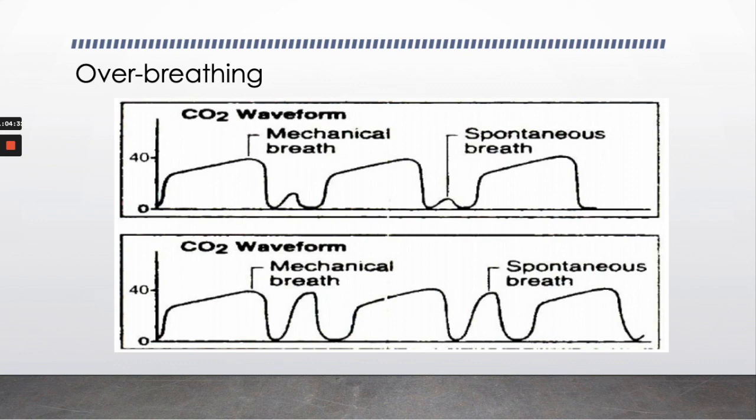From that point on you can switch off the vent and just let them breathe with the APL on, adjusting the pressure as you need it and giving them supportive breaths if you need to. Just give them a slightly bigger breath until they begin to wake up. You can do this with gas on, depending on the type of surgery and what's going on.